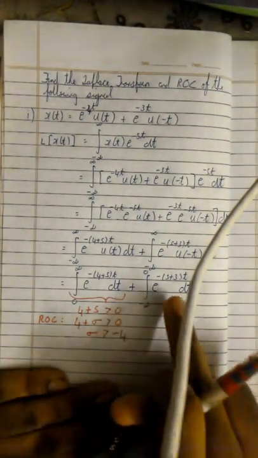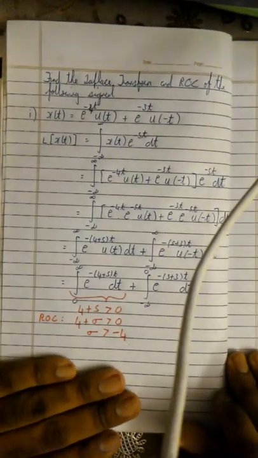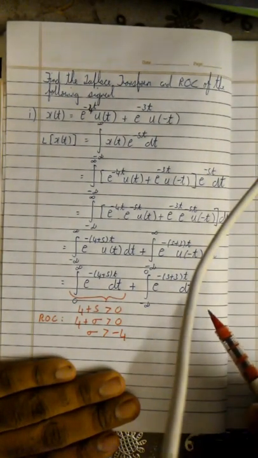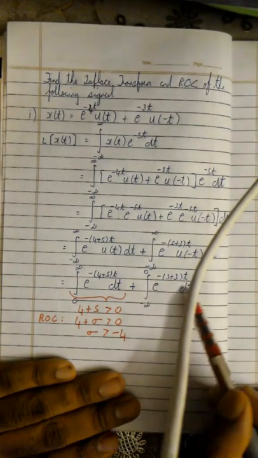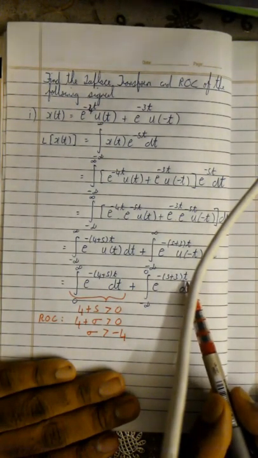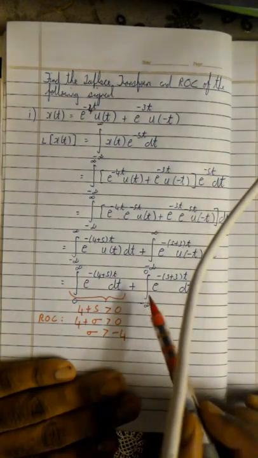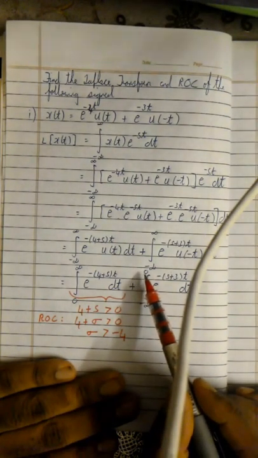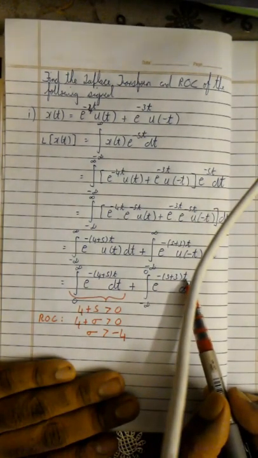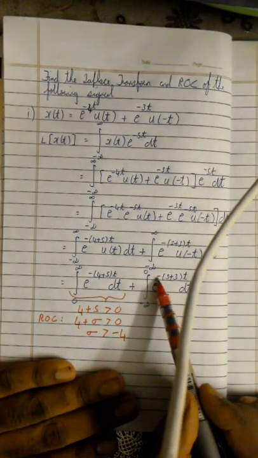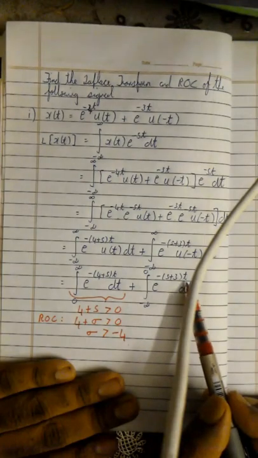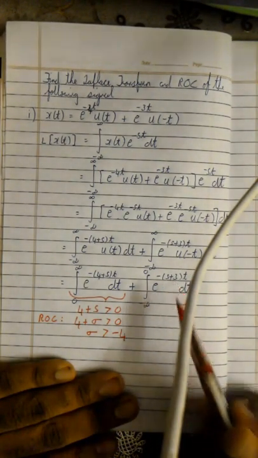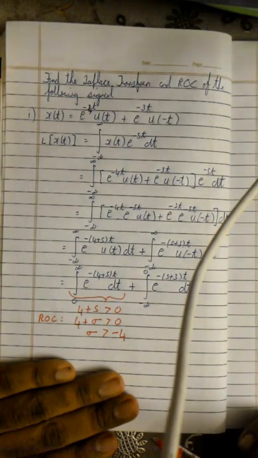Now let us look at the region of convergence of the second term. Here, like I said before, the power of the exponential must be negative. If you look at this power, the value of t over here is always negative. The values are ranging from minus infinity to 0. So t is negative and there is a minus sign over here. So minus of negative t becomes a positive value, which means s plus 3 must be a negative value.